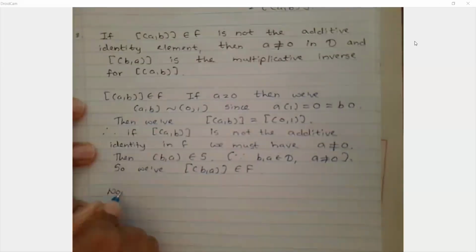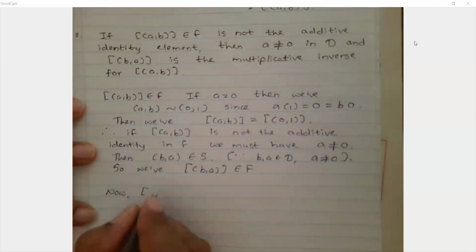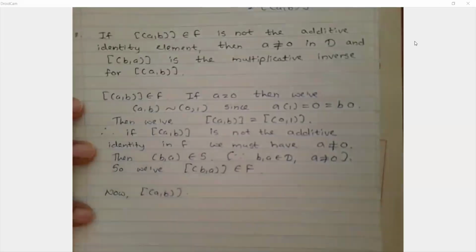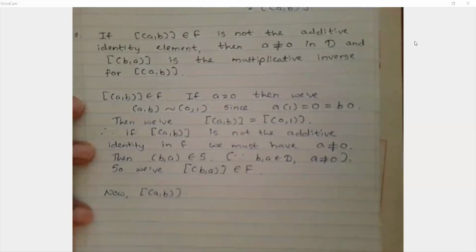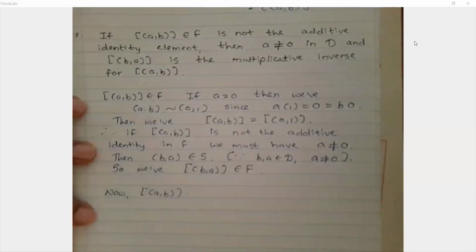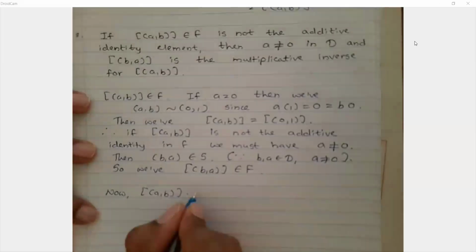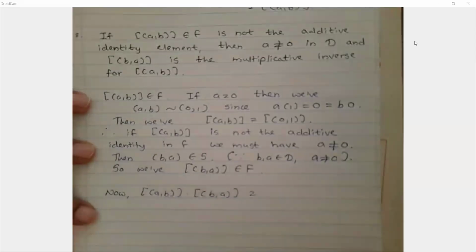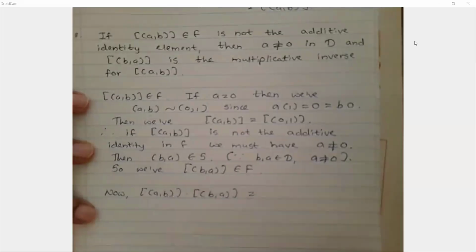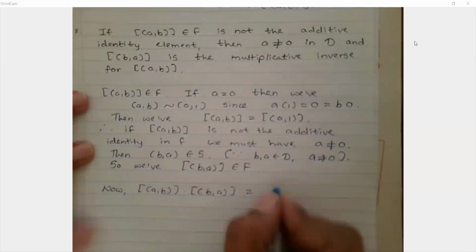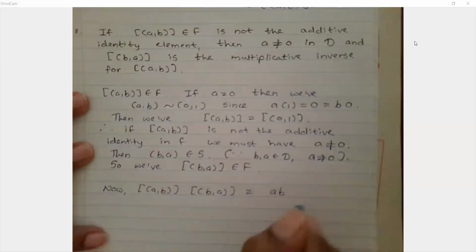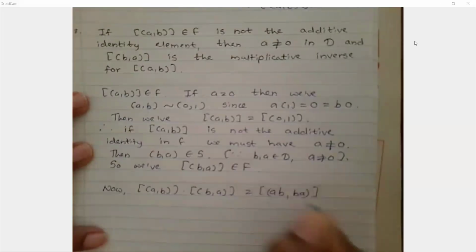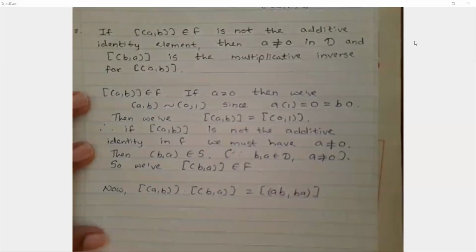So, now we multiply these two equivalence classes to see that it gives you the multiplicative identity. This is equal to, by definition of multiplication defined over F, the equivalence class of AB, BA.